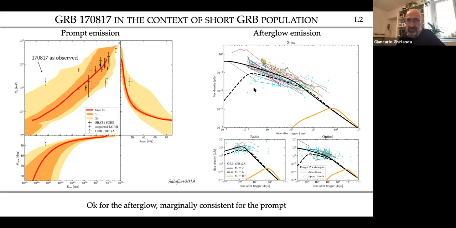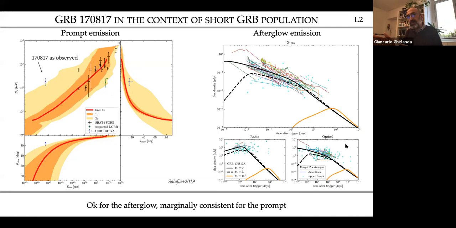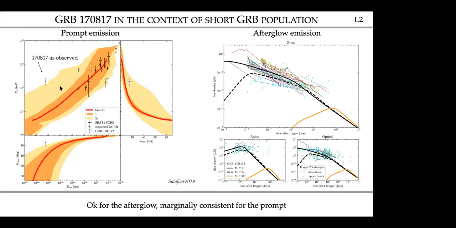No, it's the reverse, in fact. So I wasn't clear in this. The exercise that you see for the afterglow and the prompt is the opposite. For the afterglow, it is exactly what you said. We take 1708-17 and we move the observer towards the axis, and we see how the light curve changes. Here we do the opposite exercise.